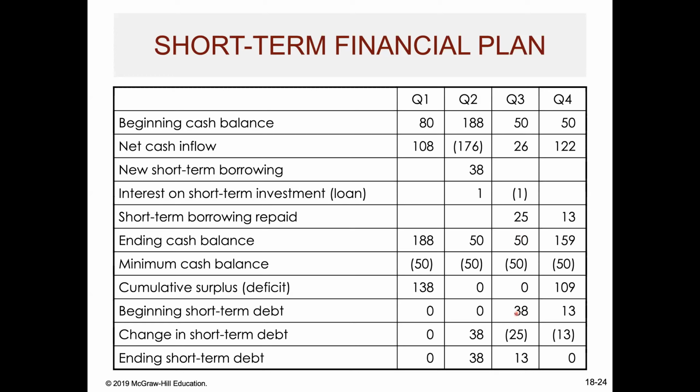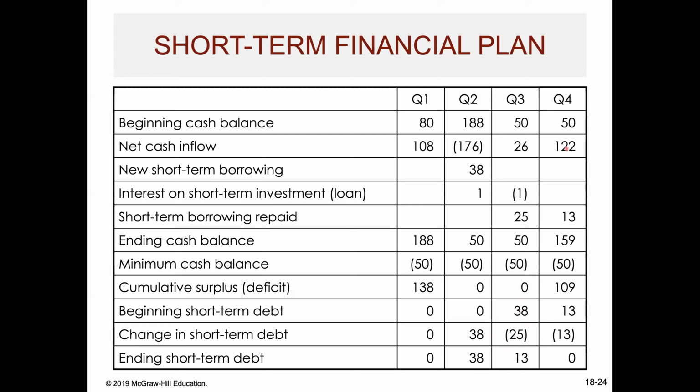But you can see here our beginning short-term debt for Q3 was 38 million. That was our ending. We're able to pay down 25 million, which leaves us with a short-term debt balance of 13 million. So then it takes us to Q4.